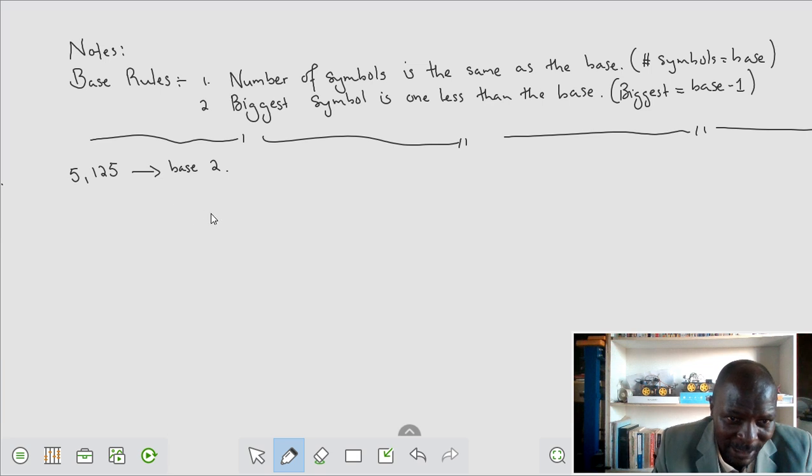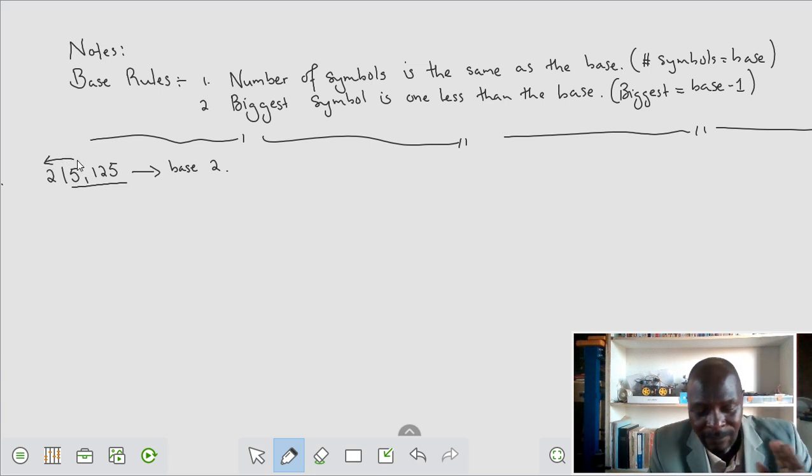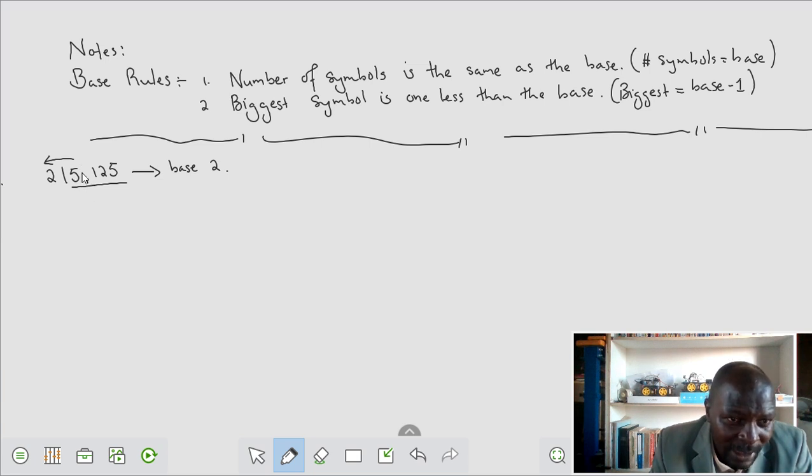If we look at a number like 15 or 215, we know we get our most significant digit further to the left, further away from our comma.